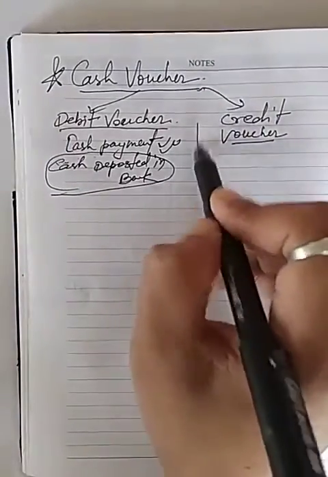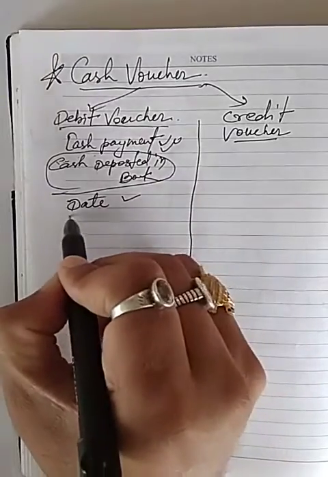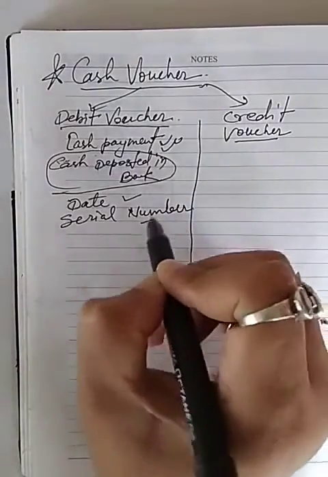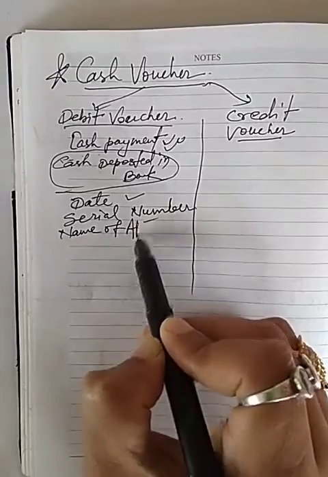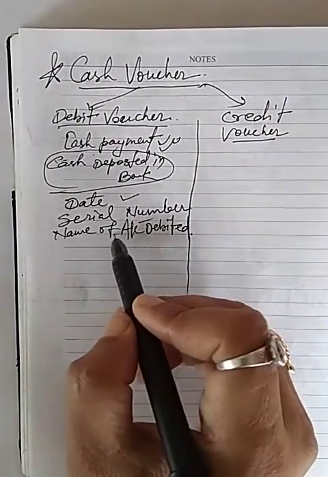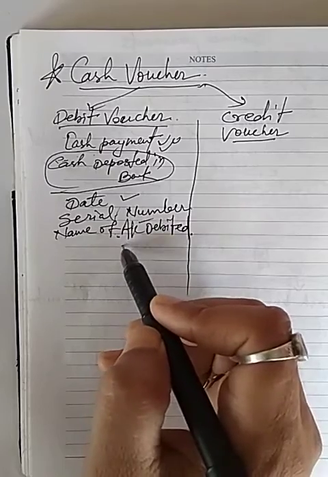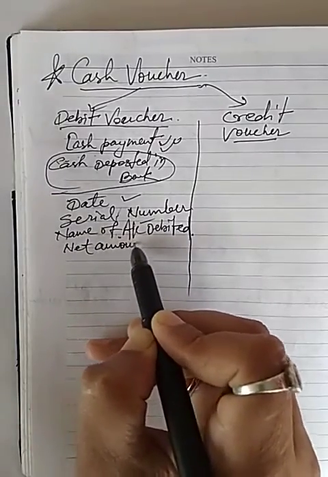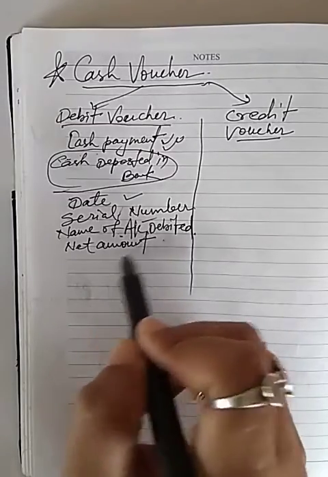It usually contains the date of preparing voucher, serial number, name of account debited, brief explanation of the transactions together with necessary details, net amount of transaction, and source document number, say cash memo number.